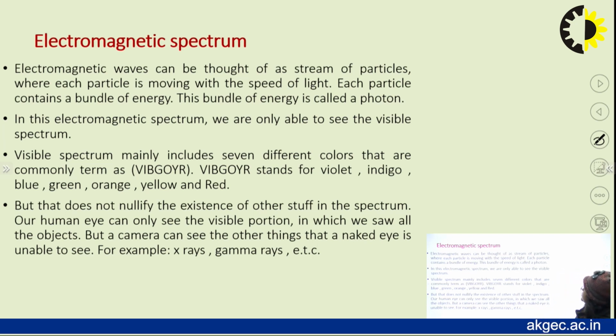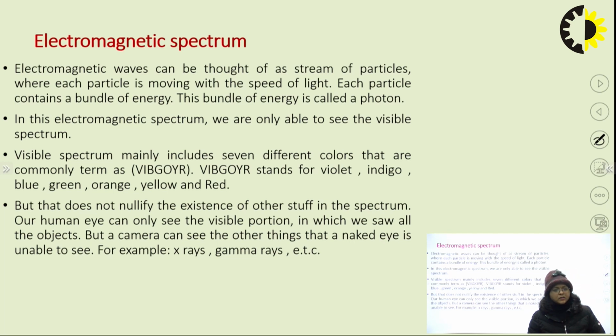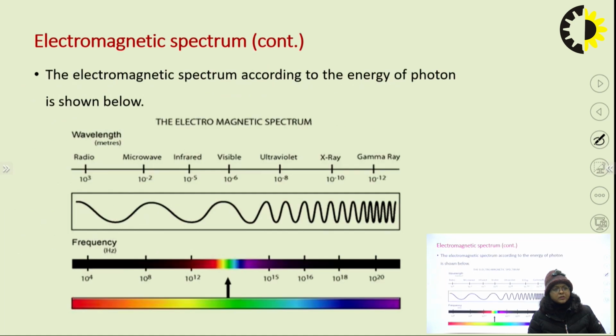Electromagnetic spectrum can be defined as a range of frequencies, and these frequencies are divided into visible and non-visible spectrum. We are able to see the visible signals, but a lot of non-visible signals also exist in nature, which are very important to understand.